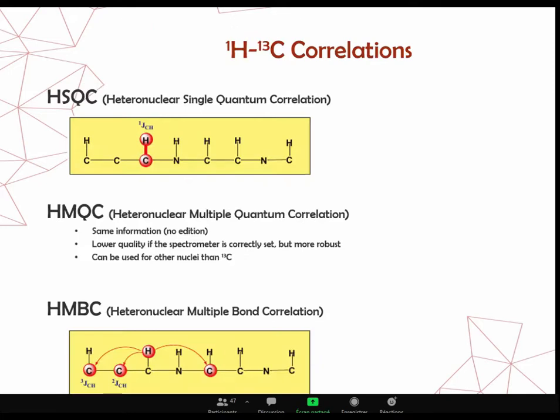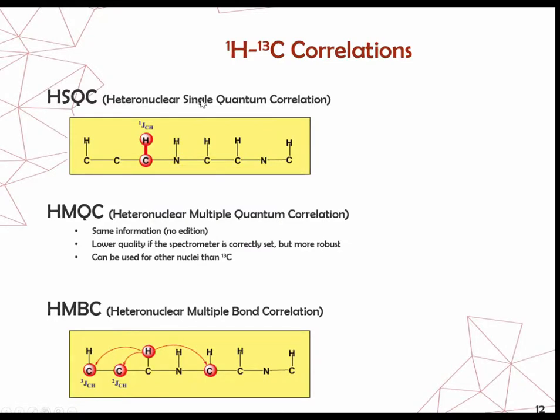Next, we will go to the heteronuclear proton-carbon correlations. So the main 2 are HSQC and HMBC. They differ by the number of bonds for the correlations.